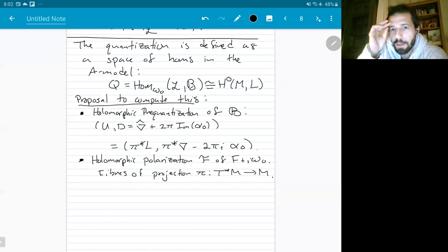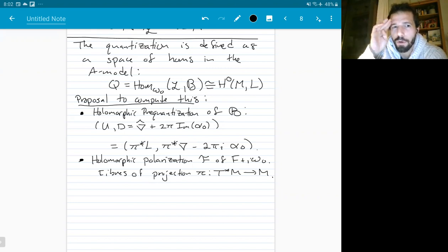You're interpreting these sections of the line bundle as Homs in your category for the complex structure for the GCS associated to some ordinary complex structure. And you know how to calculate that. We know how to calculate that.